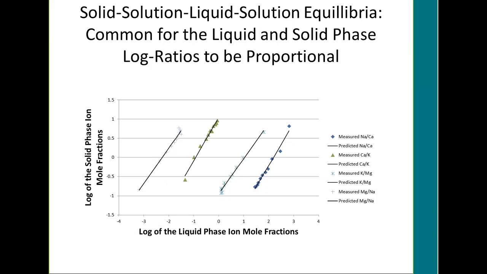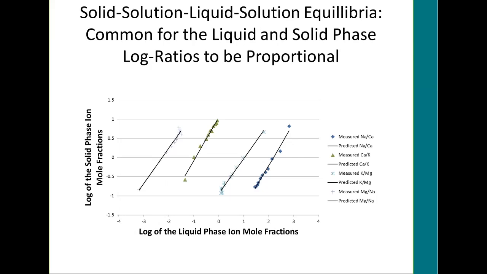One thing that I have found when you use these log ratios that statisticians use is that a lot of problems we run into involve a solid that is a solution. It's got multiple metals in the same mineral phase, and then the liquid is a solution, with a lot of metals in the liquid phase in equilibrium with those solids.